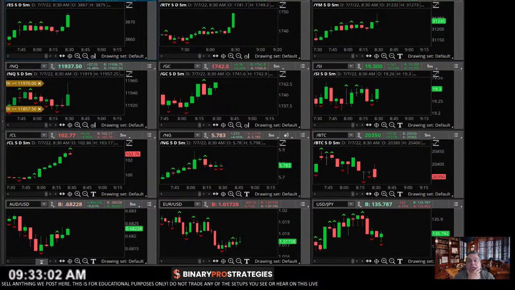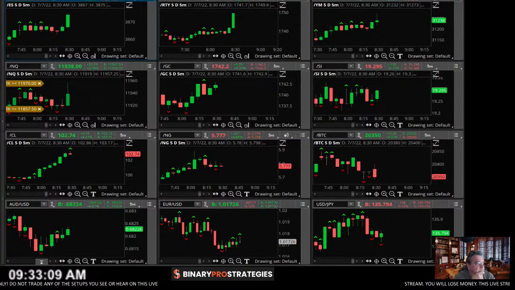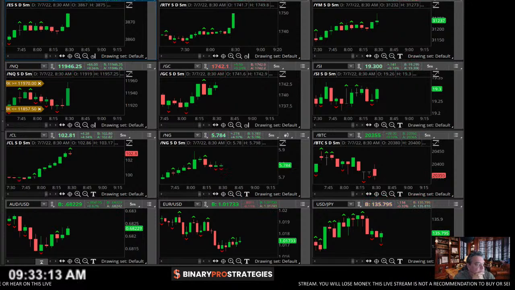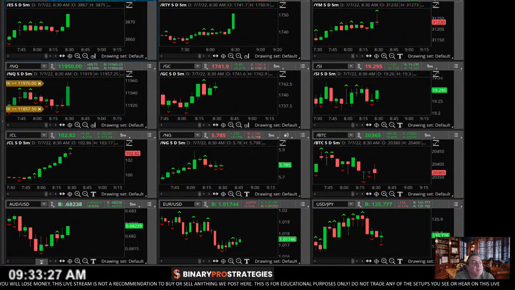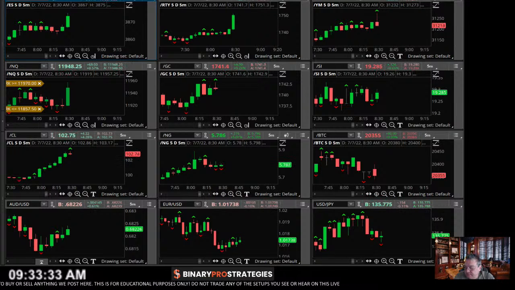Yeah, name your setups. It's a good idea. All right, Dow is creeping down, up 217, just about where it opened, pretty quiet. We'll see if this mini NASDAQ can hit its target of 119.70.